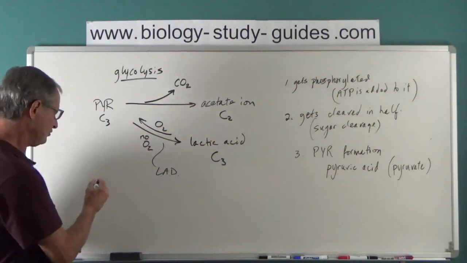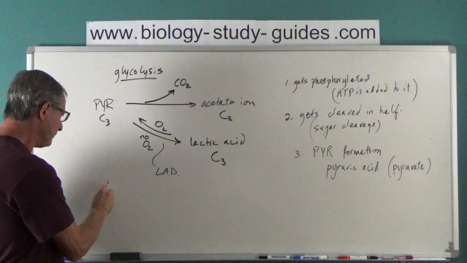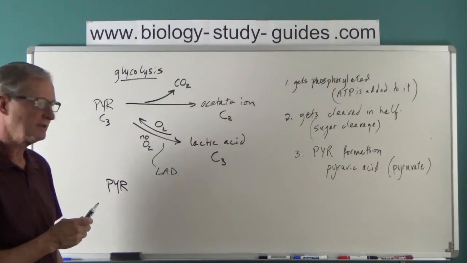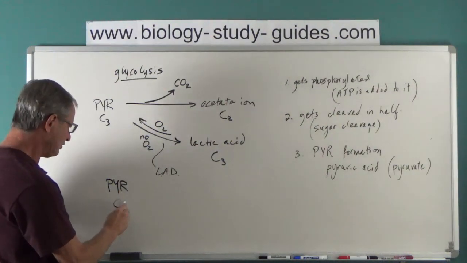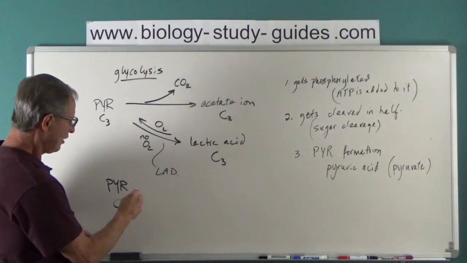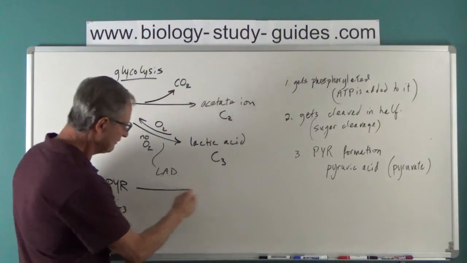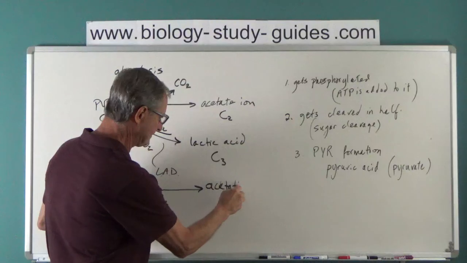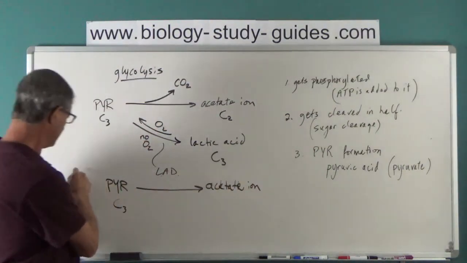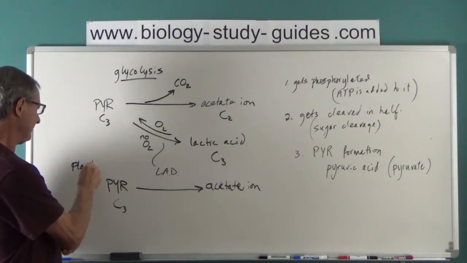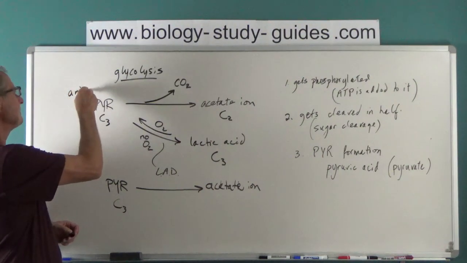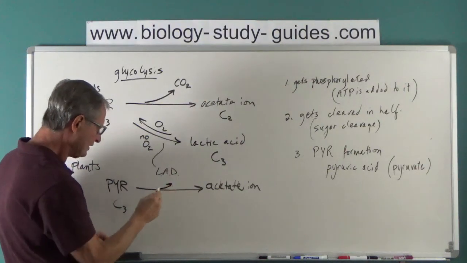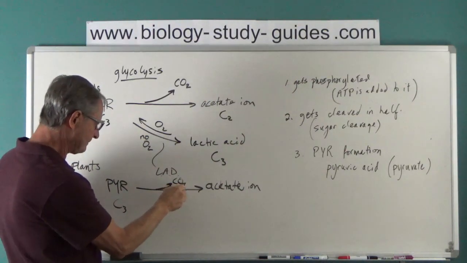In plant tissues, because plants do this as well, pyruvic acid, plants don't get sore and stiff. That's not what happens. In plant tissues, if oxygen is available, that's all fine. Acetate. This is plants. If oxygen's available, that's going to be just fine there.